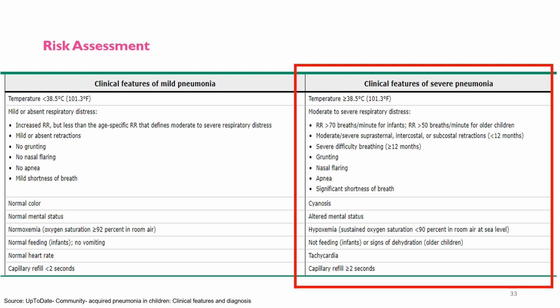If you have a very high fever, respiratory distress, cyanosis, altered mental status, low oxygen, not feeding, fast heartbeat, and dehydration, these are all features of severe pneumonia, which are the red flags. If you are taking care of any child, you should be able to catch these and recognize that the child is really not well.